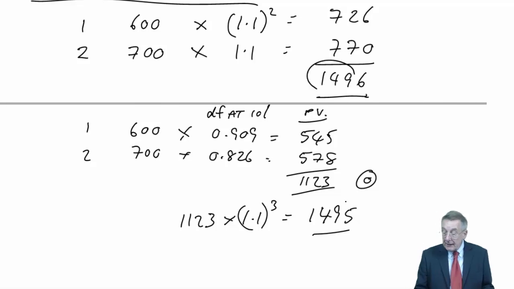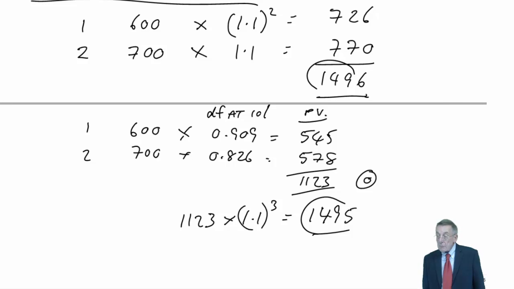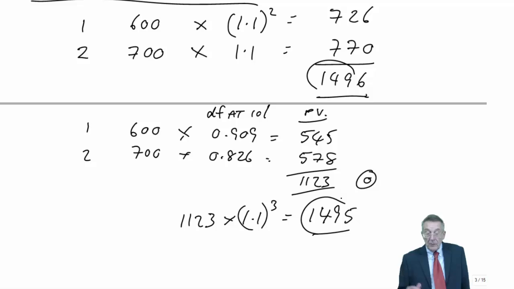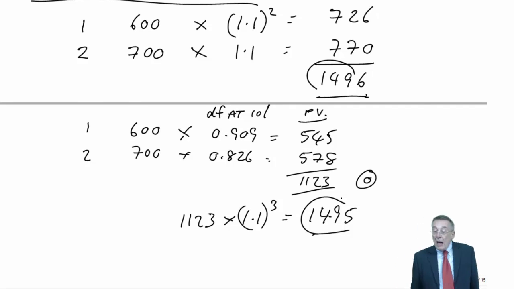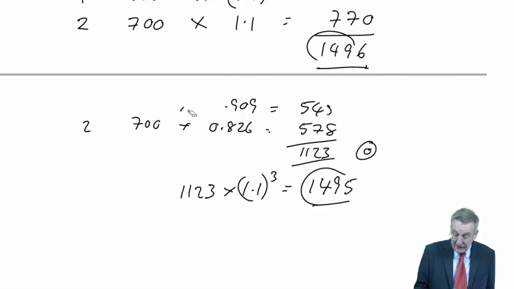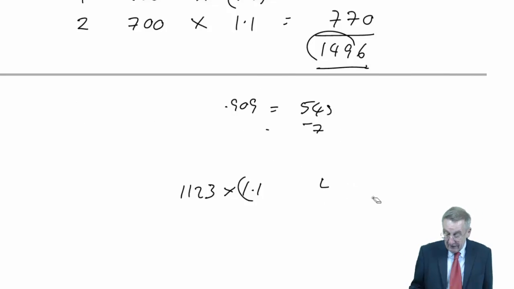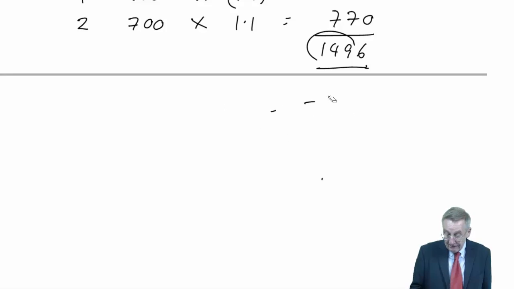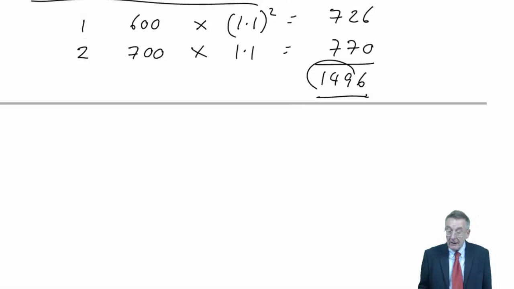The difference is purely rounding. It wouldn't make any difference at all. I'm not worried about a bit of rounding. And what we do now, and I'll use the 1496. From a rounding point of view, that's more accurate, regardless.